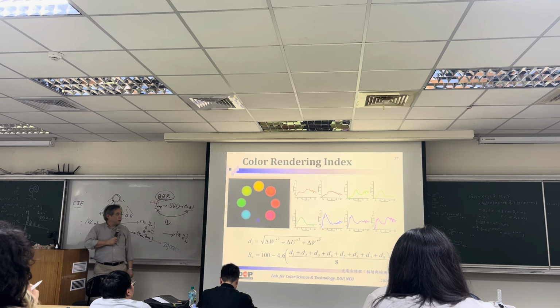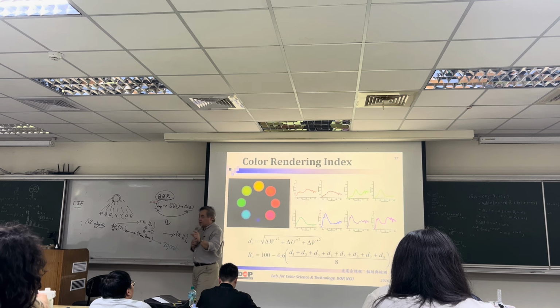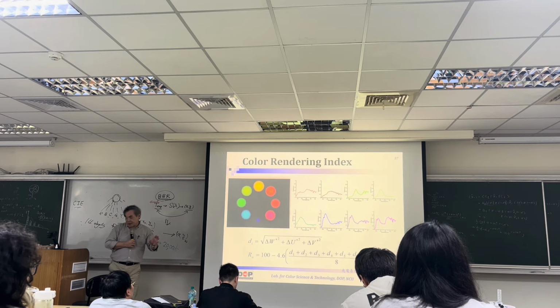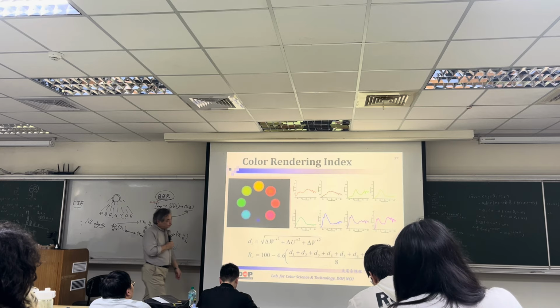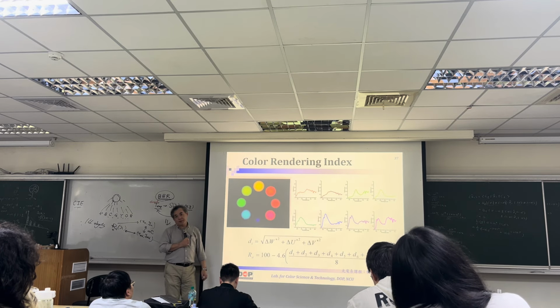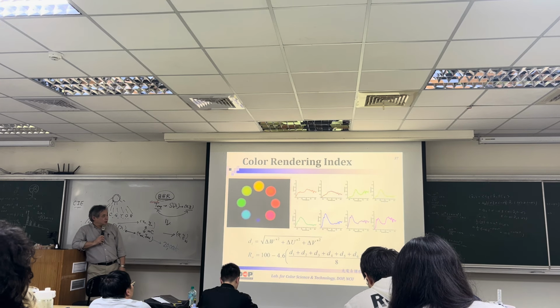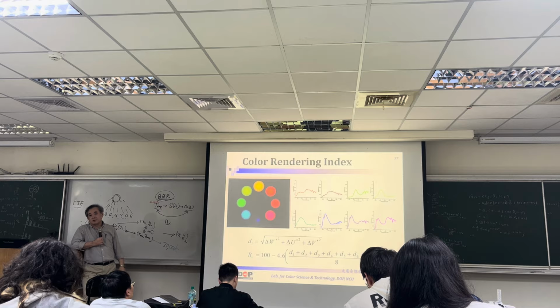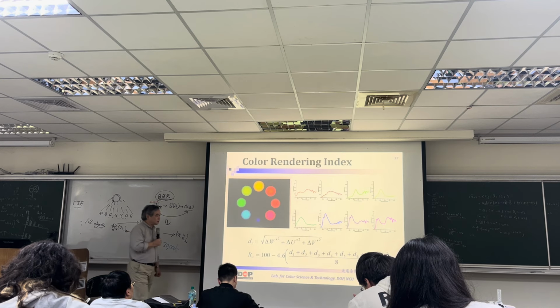Why? Because this formula calculates the geometric distance on the diagram to represent the color difference. But unfortunately, this color space is absolutely not uniform, so the distance cannot represent the color difference.